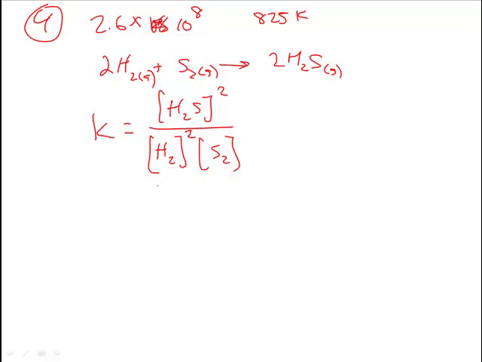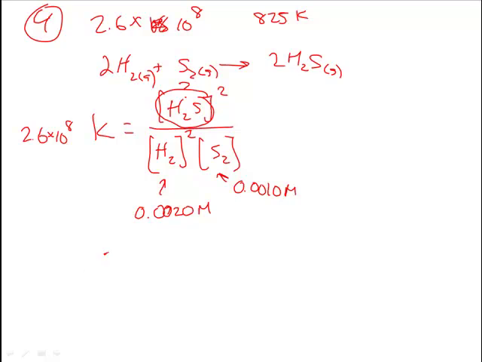It says the concentration of H2 right here is 0.002 molar, and that S2 is 0.0010 molar. That goes in there. It says, given the K, 2.6 times 10 to the 8th, what is the concentration of the H2S?